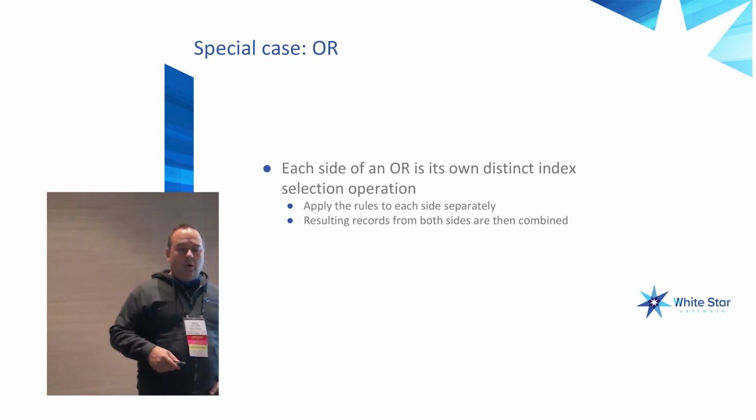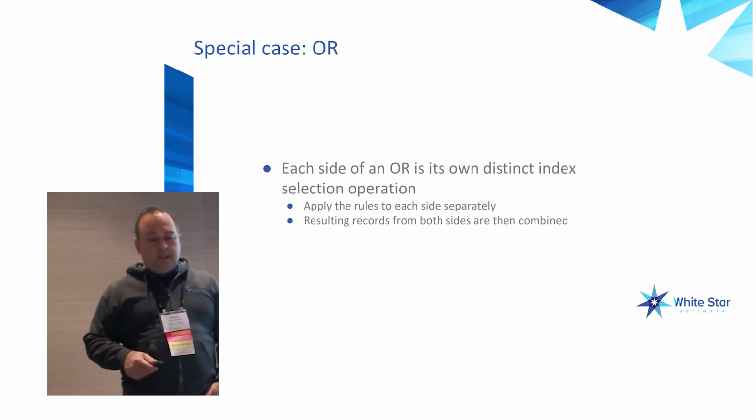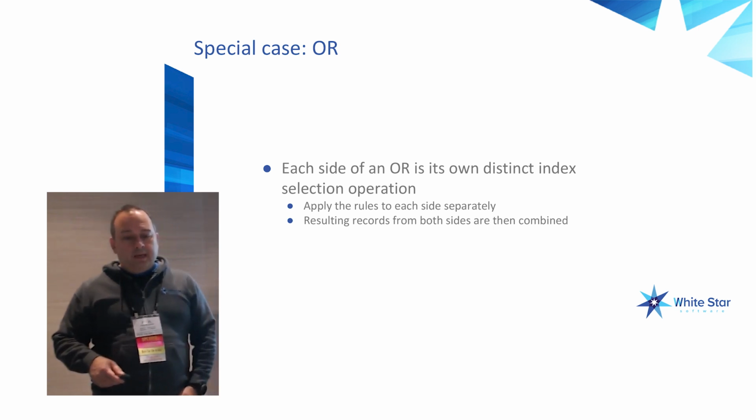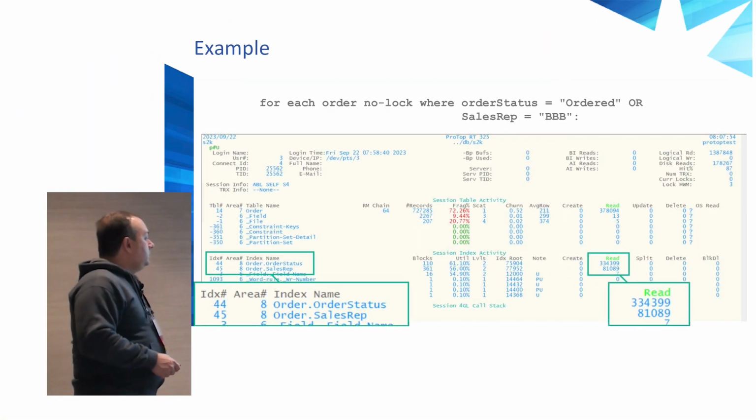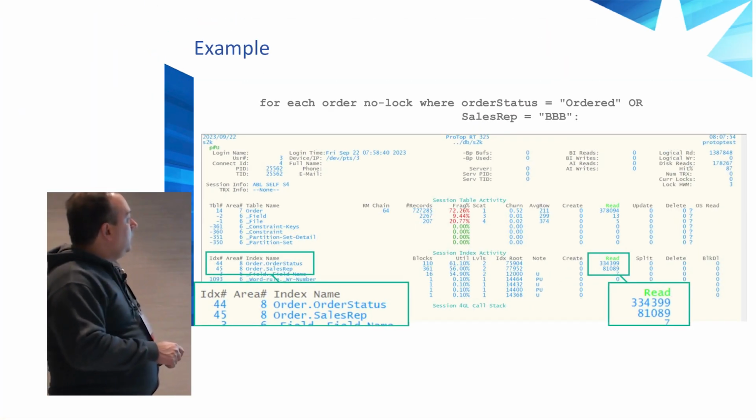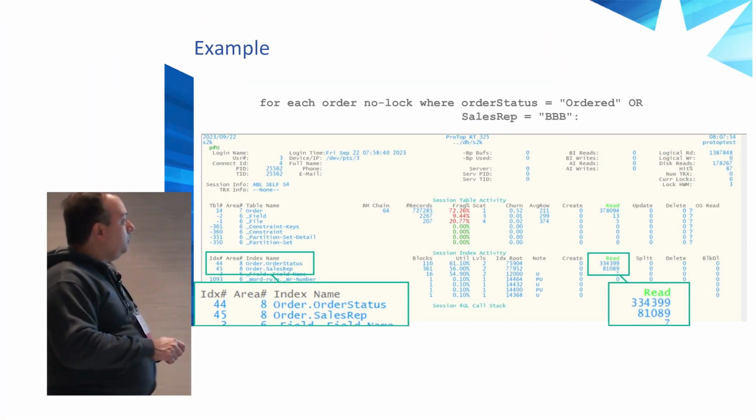All right, I talked about this. Each side of the OR is done separately and then combined. And here's an example. So you can see here it's chopped off. So I say where order status equals ordered or sales rep equals BB.